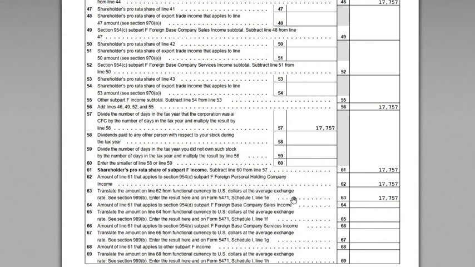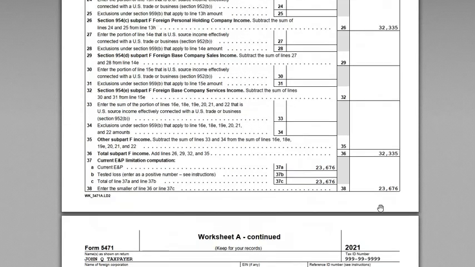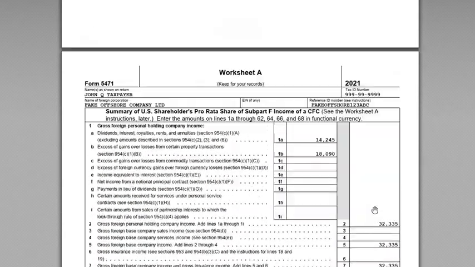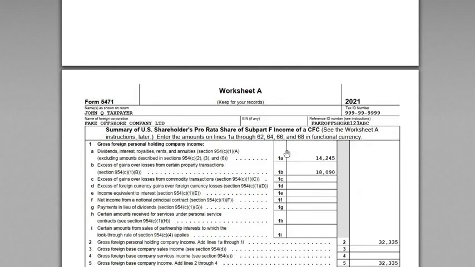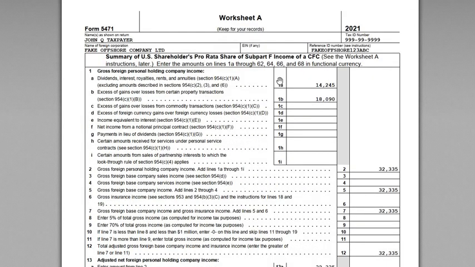That's because this particular line item is reserved for foreign personal holding company income. Obviously, if you had foreign-based company sales or services, you would use the line items down here. So we got our 17,757 number, and that flows back up to Schedule I, where it's being reported on line 1E.